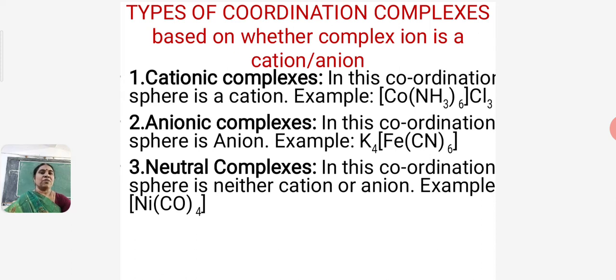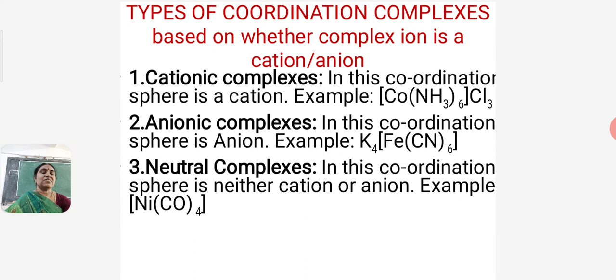An example of a cationic complex is Co(NH3)6 Cl3. Here you can see Co(NH3)6. This complex has a charge of +3. So it is positively charged, so it is a cationic complex.